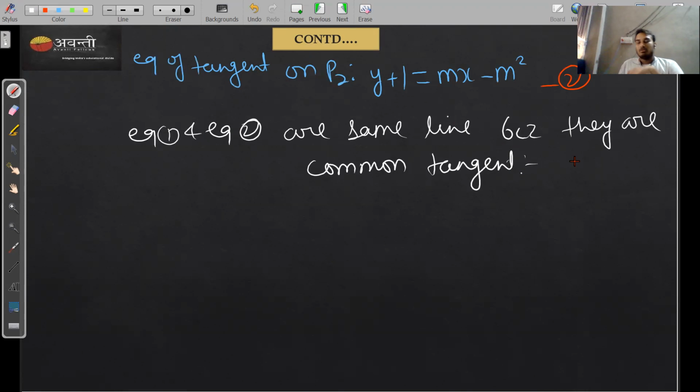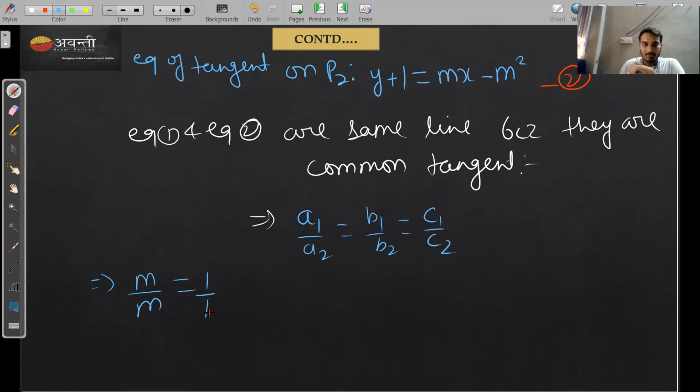When two lines are the same, it implies the coefficient of x, a1 by a2, equals the coefficient of y, b1 by b2, equals the constant, c1 by c2. In this case, we get m by m is equal to 1 by 1 is equal to (m plus 1 by m) divided by (minus 1 minus m square).